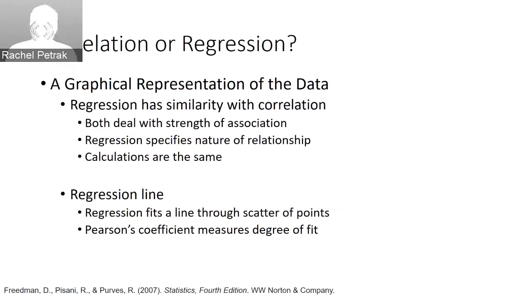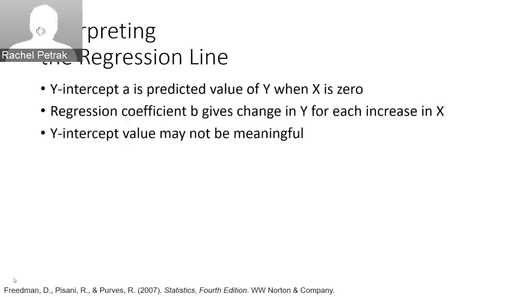The regression line, as we'll see in our next section, is going to be the line that minimizes the error, that has the least squares error through the scatter of points. The correlation is less specific, it just gives us a general measure of the degree of fit, but a very useful measure.